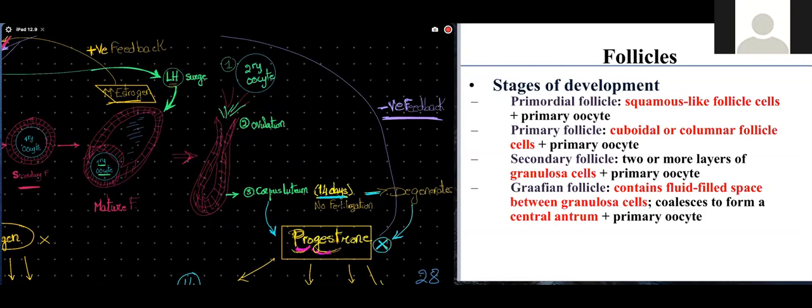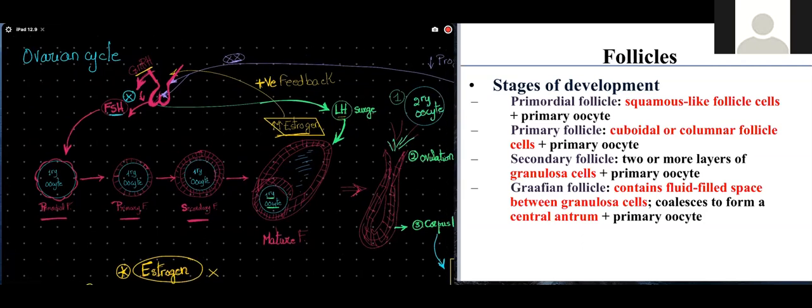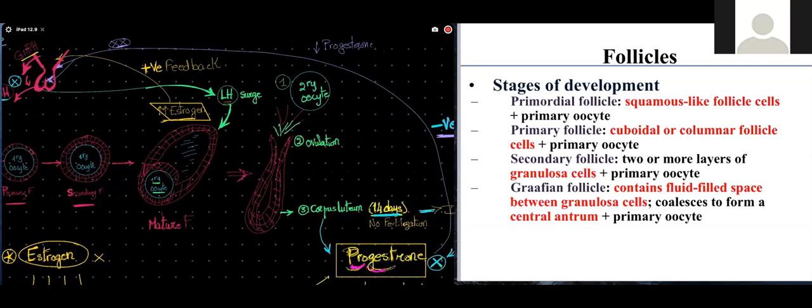Remember, the progesterone released from the corpus luteum has a negative feedback on the hypothalamus and the anterior pituitary gland, preventing the production of FSH. So I don't have FSH released. During this phase, where I have the corpus luteum in the ovary for 14 days, there will be no growing follicles.